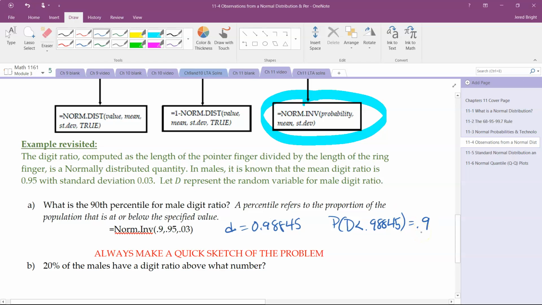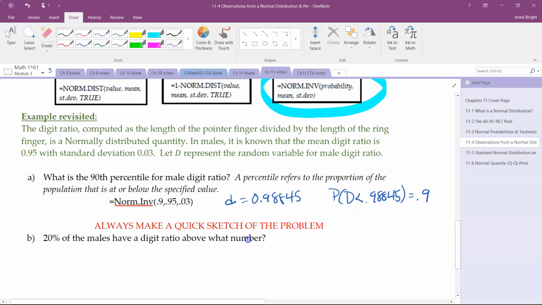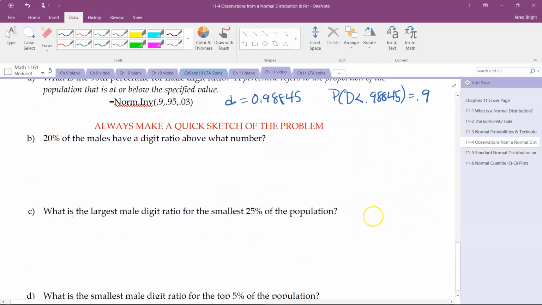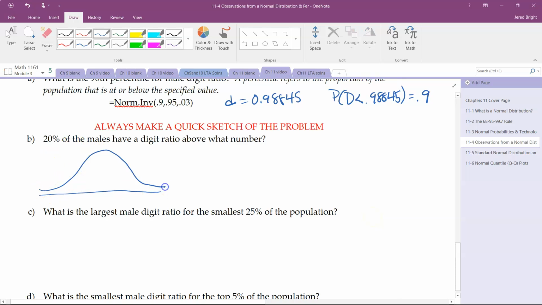Okay, 90th percentile. We're going to do a few more examples, but always with these scenarios, make a quick sketch. So with part B, I make my quick sketch. 20% of males have a digit ratio above what number? Now I'm looking for 20%, that's going to be the area, but where is this? Above what number? So what I'm thinking is that I'm looking for a value for which above it is 20%, 0.2.